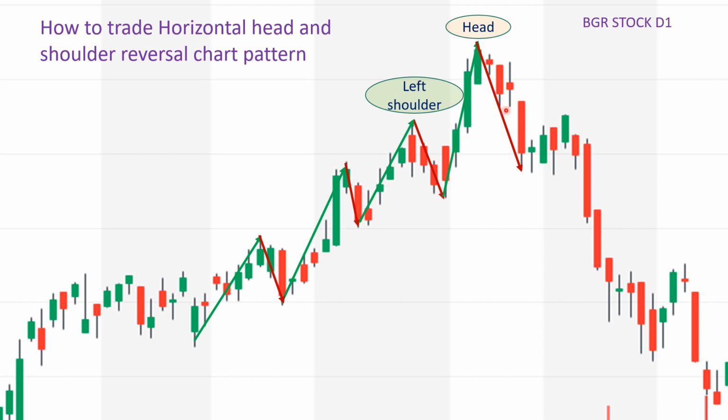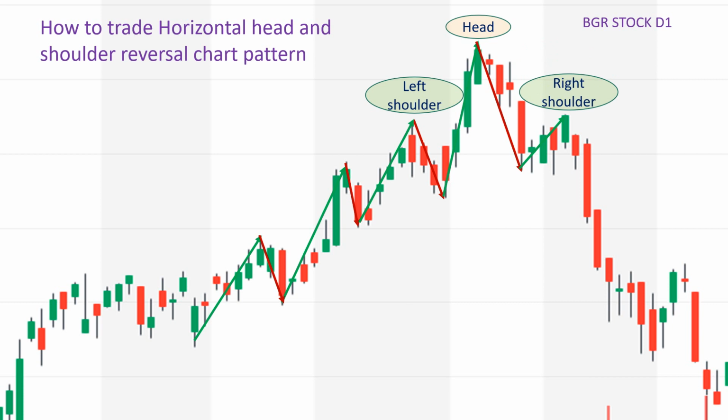Now, if this uptrend wants to continue going higher, now from here, this higher low, it should go up and close above the head. Look what happened. The trend went up and closed below this head, and instead of a higher high, you make a lower high here, and as a result, we have the right shoulder.